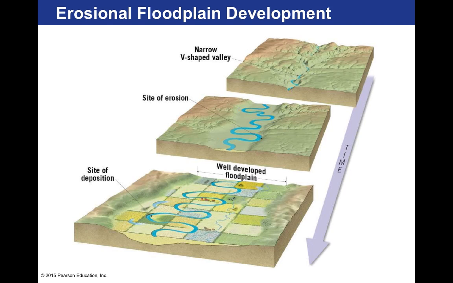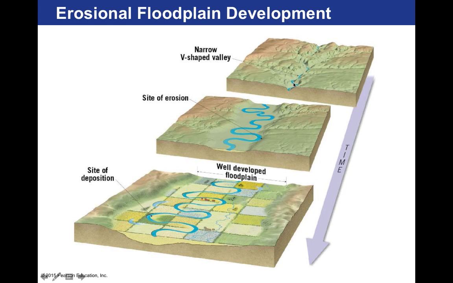This is a slide that shows you how you could have a floodplain developing. That's another characteristic of a wide valley. So how this works is that when you have erosion in a river, what I want you to get out of this is that near the edge of the river is where you have erosion. So you can see here in this picture, this curve in the river, we call these meanders. Let's just say it started here.